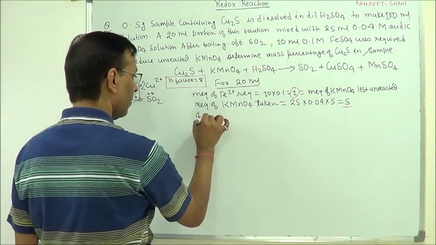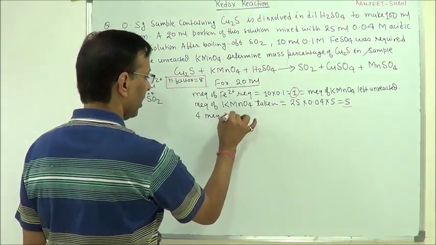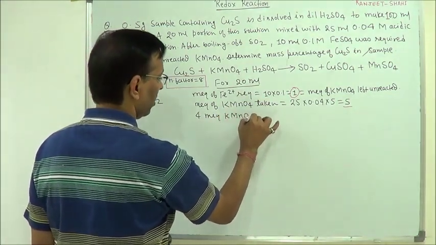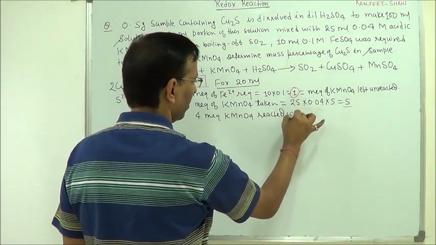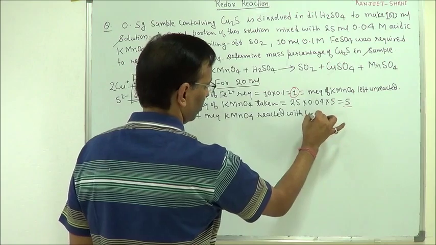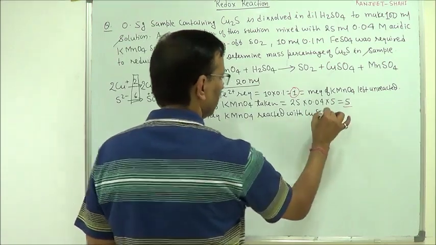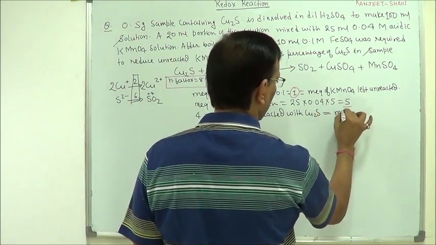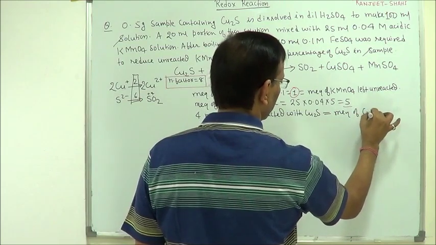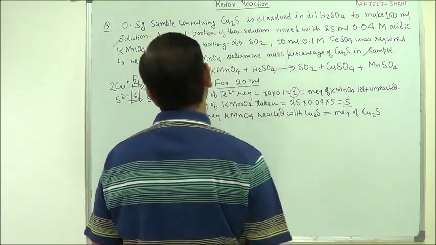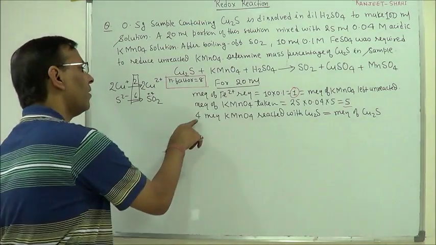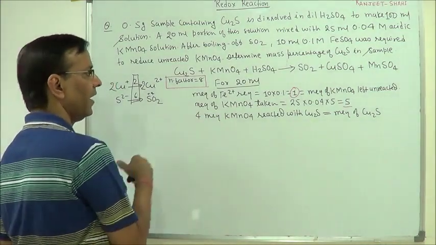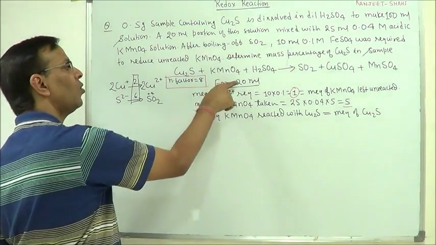So 4 milliequivalent of KMnO4 reacted with Cu2S. That will also be equal to the milliequivalent of Cu2S. But this is the milliequivalent of cuprous sulfide in 20 ml.